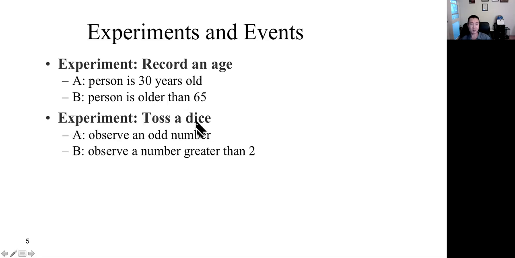And for the experiment of tossing a die, event A can be defined, for example, as observing an odd number, which includes 1, 3, and 5, or event B, observing a number greater than 2. In that case, it will be 3, 4, 5, and 6. So that will be another event, greater than 2.